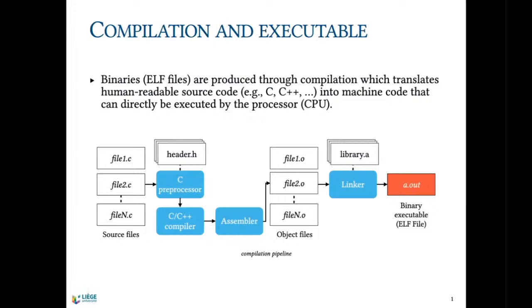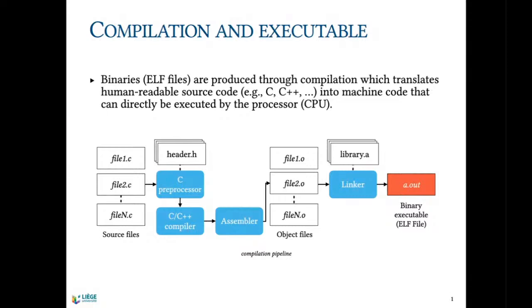Okay, so as I said, a bit of context first. In our research, we mainly work with executable files, and these are produced by the compilation process, which translates human readable source code into machine code, and this code is then executed by a processor.